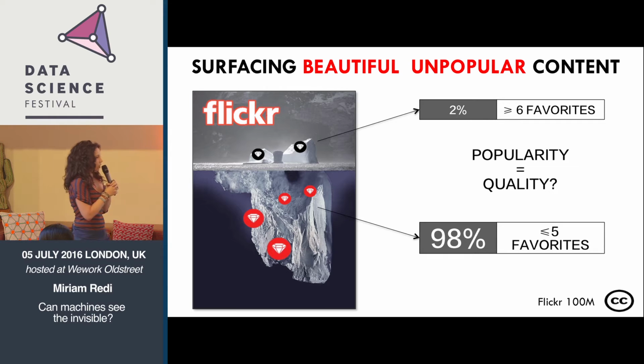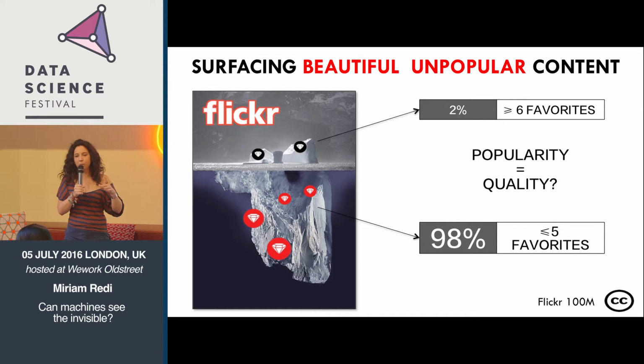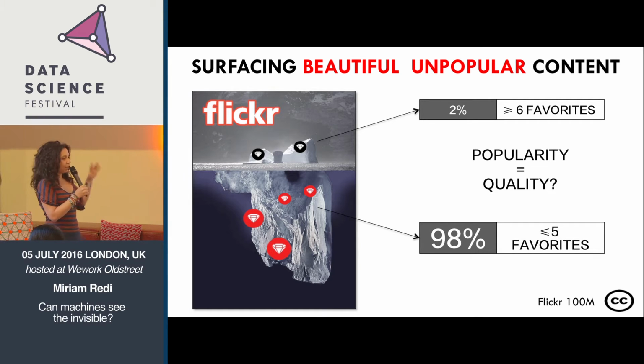However, what happens in Flickr is exactly this. Only a small portion of Flickr pictures are actually visible and easily accessible for normal users. And this portion of images corresponds to the most popular images, because popular images tend to spread easily around the network, users can retrieve them more easily, and so on.